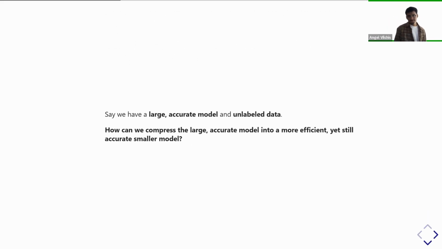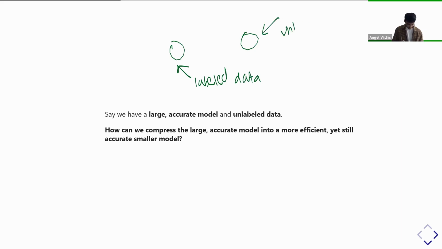Now, let me give you a situation that is actually quite common in machine learning. So, say we have labeled data, and say we also have a lot of unlabeled data, and we achieved a large accurate model by training that architecture or ensemble or whatever on the labeled data.